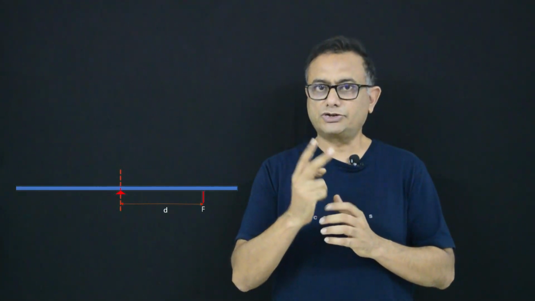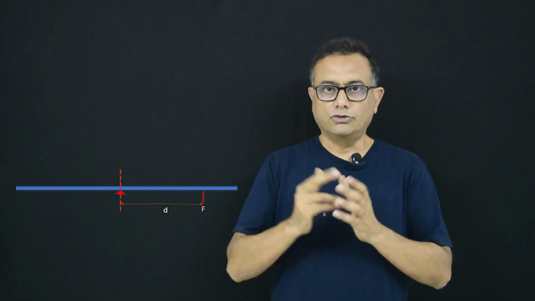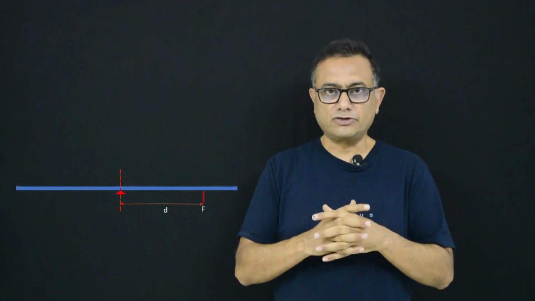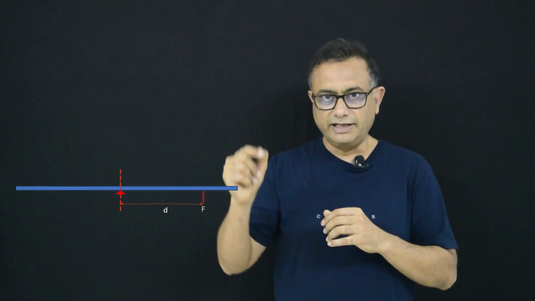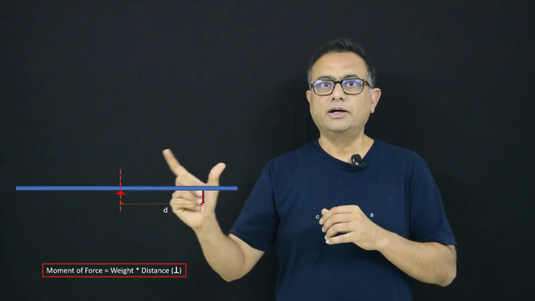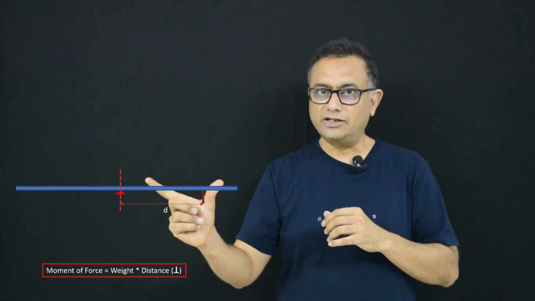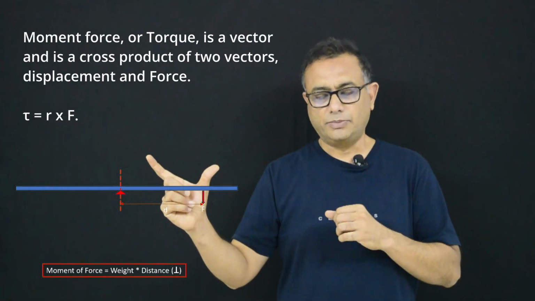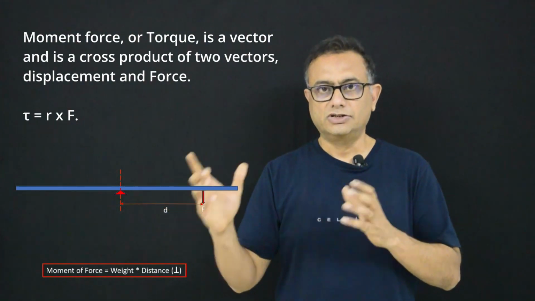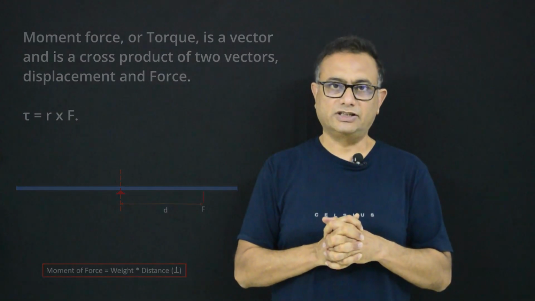These two things are important. So we define moment of force or torque as the product of two things: the weight or the force, and the perpendicular distance from the axis of rotation, or the perpendicular distance from the pivot. That is the definition of moment of force.